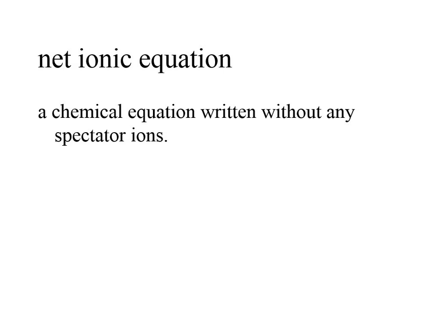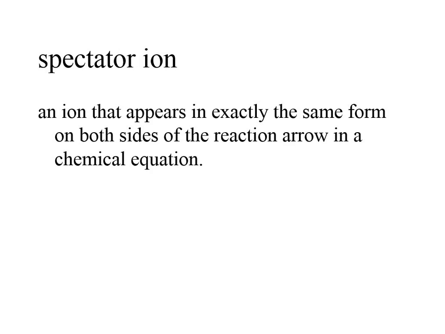Well, you're like, what's a spectator ion? Just like a spectator watching a sporting event, a spectator is one that doesn't get involved. It's just there to watch what's happening. So there are these ions that are just running around in solution, just watching the chemical reaction occur. Those are spectator ions. How do you know it's a spectator ion?